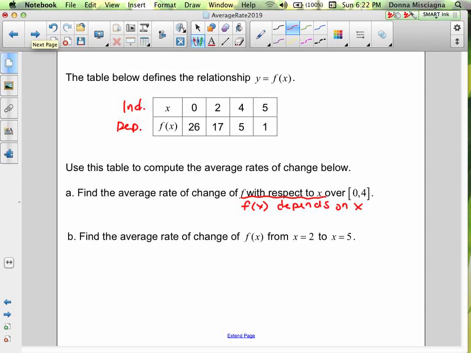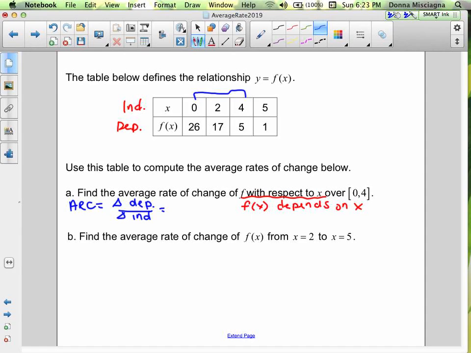All right, so let's find the average rate of change from 0 to 4. All right, so that's going to be from this point to this point. Average rate of change equals the change in the dependent variable over the change in the independent variable.